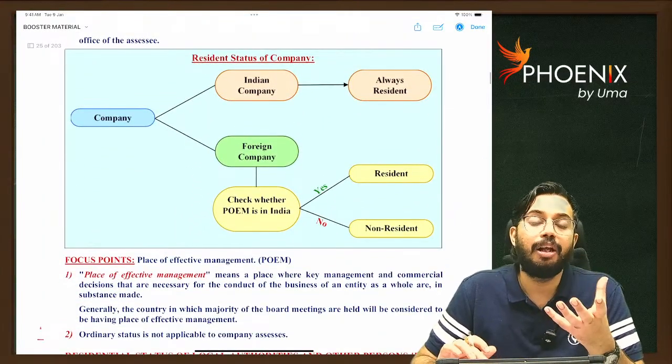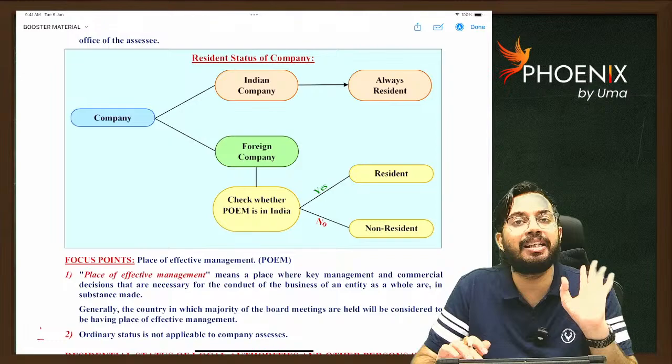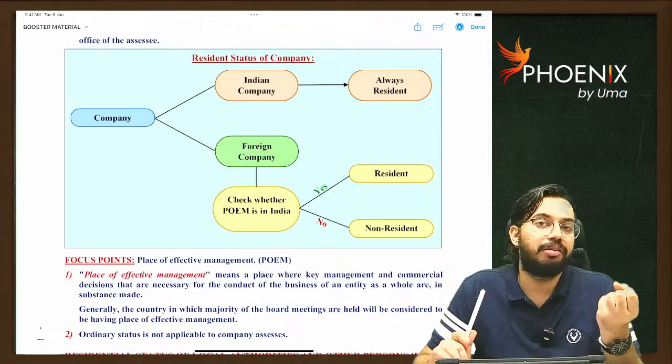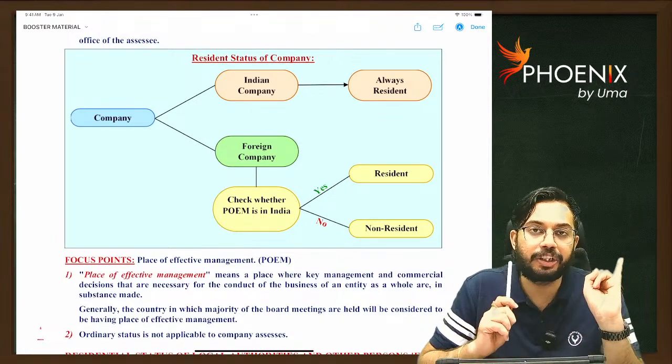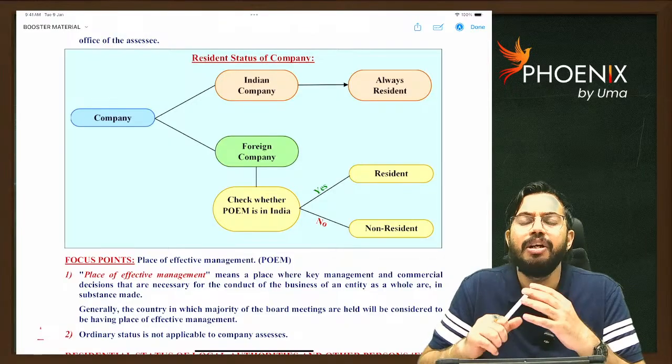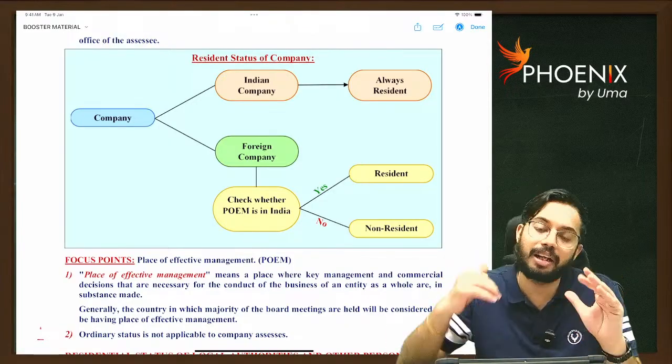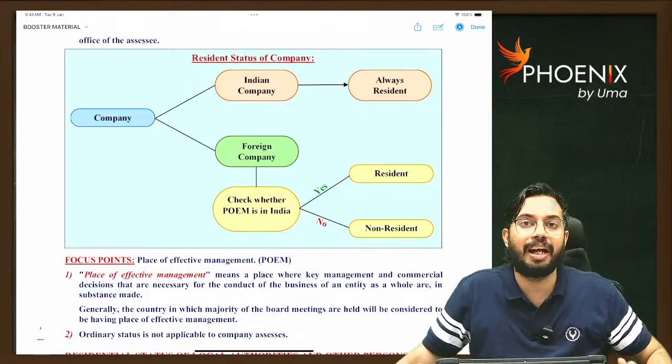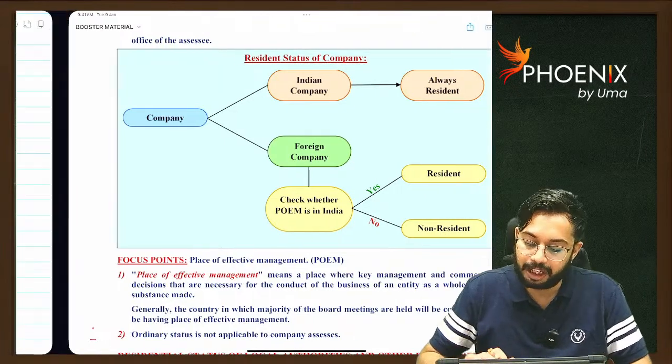In companies, a local authority is always treated as resident in India, like Greater Hyderabad Municipal Corporation, Vijayawada Municipal Corporation, Greater Visakhapatnam Municipal Corporation. Whatever the local authority is, it is always treated as resident in India.